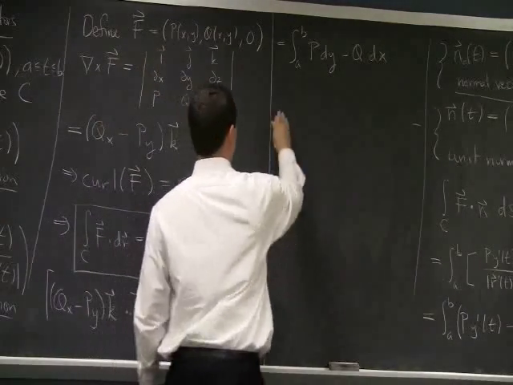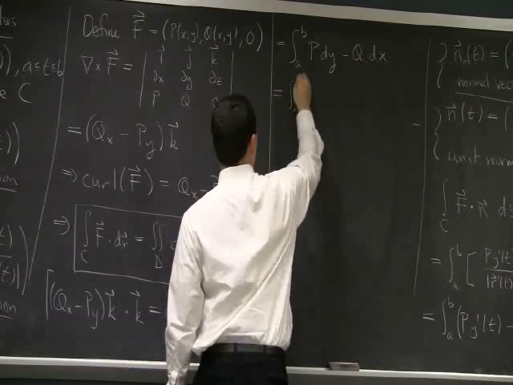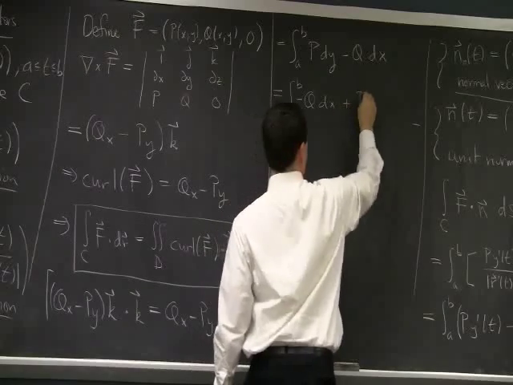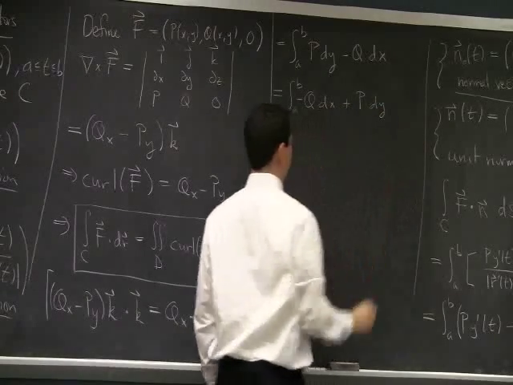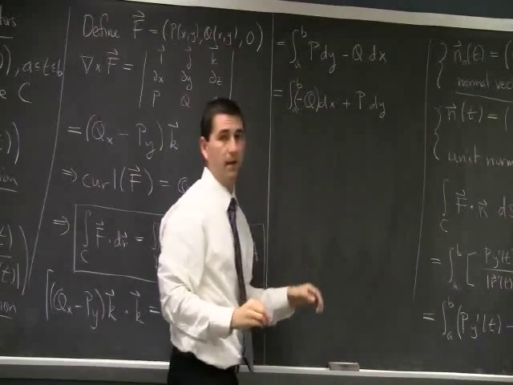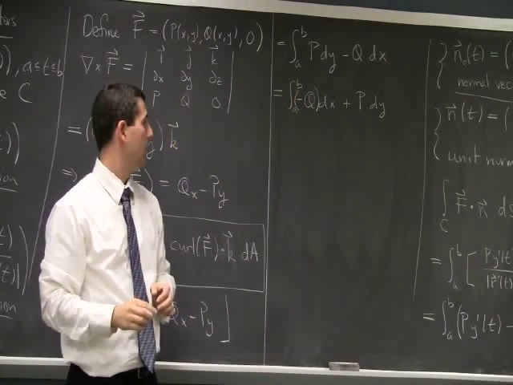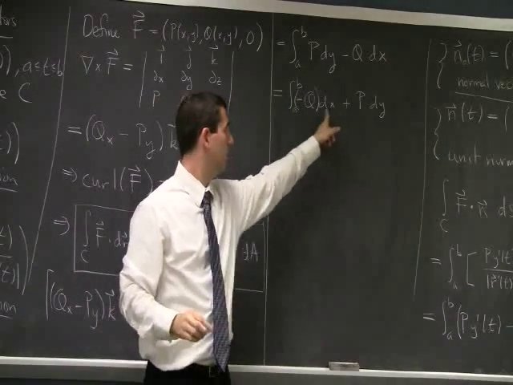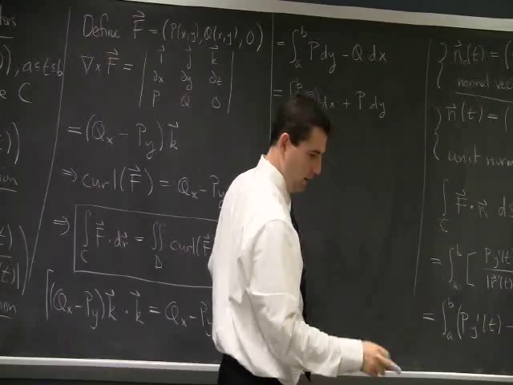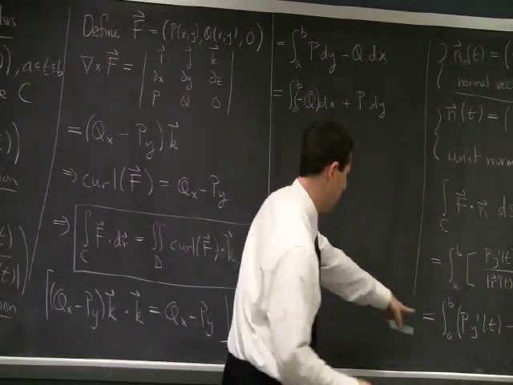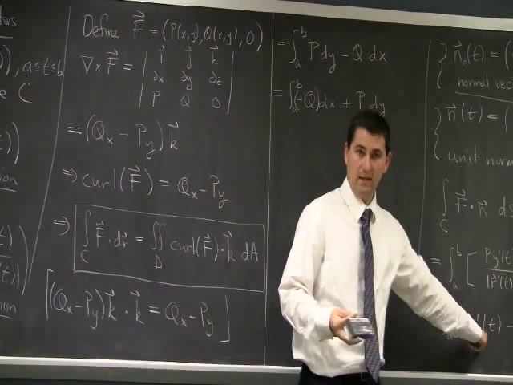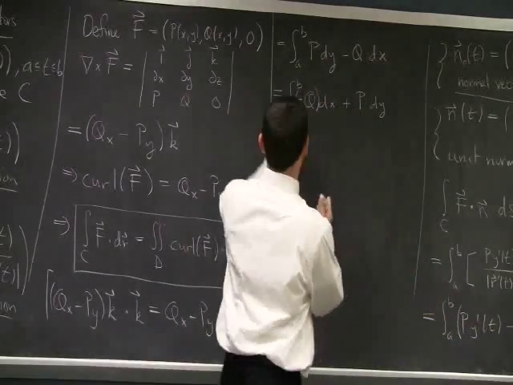Now let me rewrite this. This is minus q dx plus p dy. Let me put a little parentheses around that minus q. I think at this point I can put it back over C. Oh, I should have. When we switched from y prime t dt to dy, we should also switch back to C.